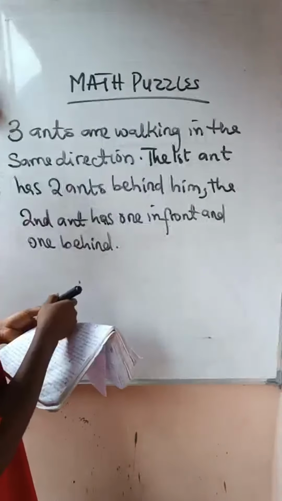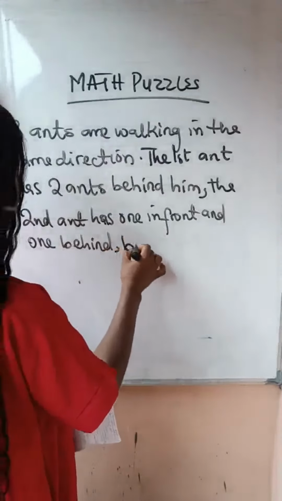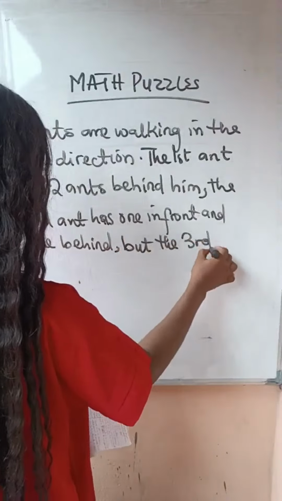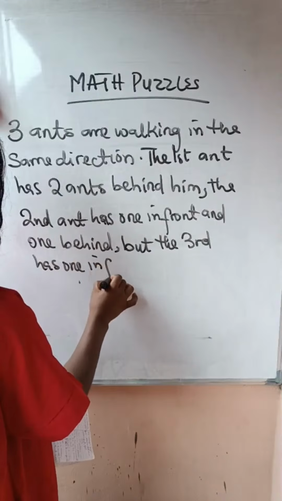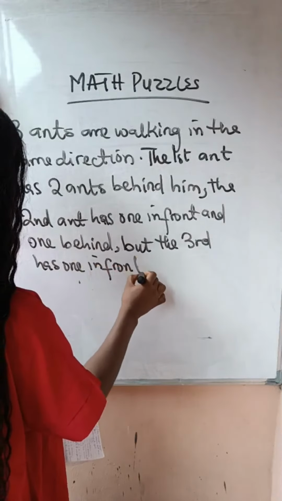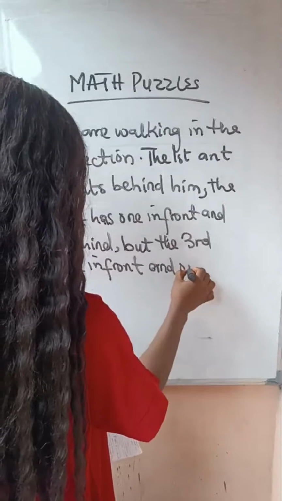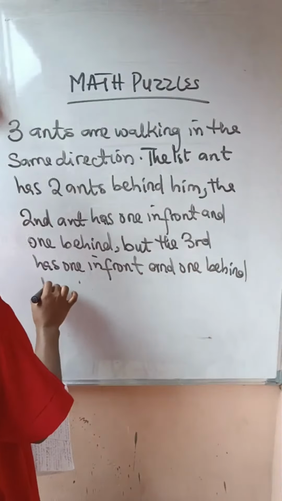But the third ant has one in front and one behind him too. This is funny.